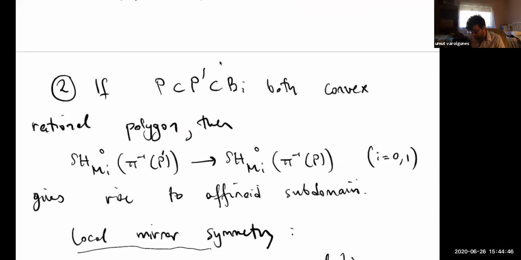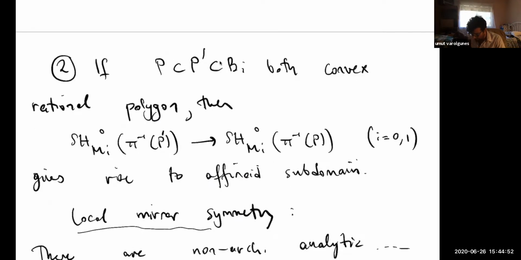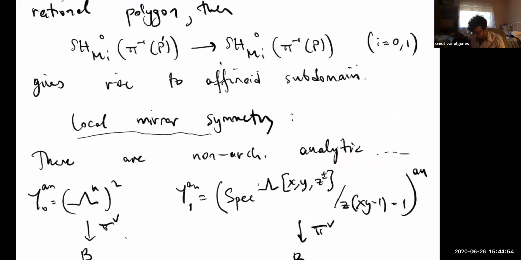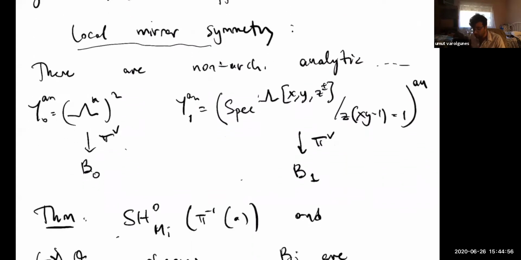And I should also know that the restriction maps are sub-affinoid maps. Okay, and this will follow from something more explicit, which is what I called local mirror symmetry above.